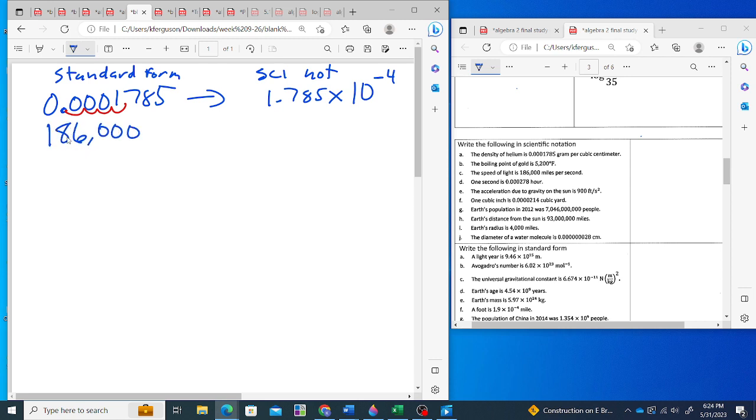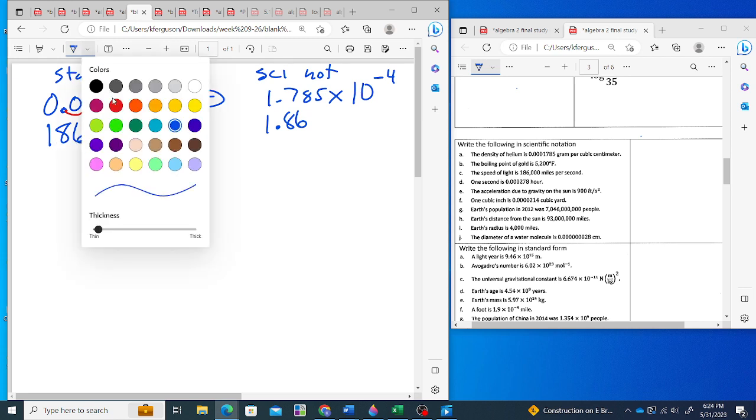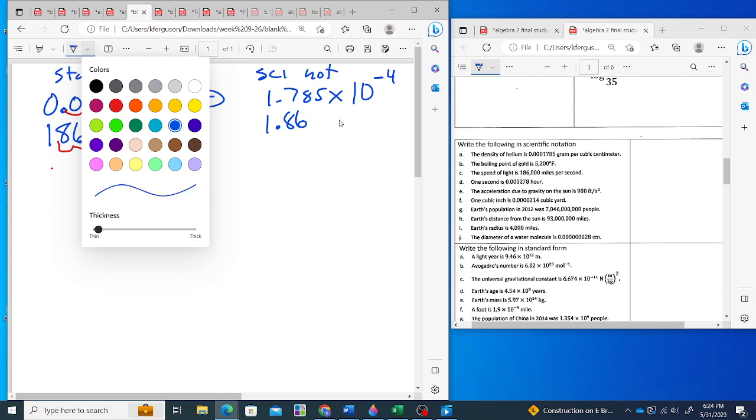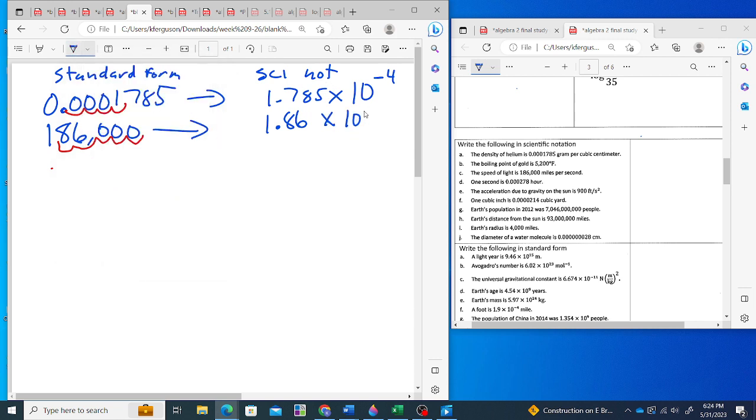Well, that number is bigger than 1, so I know that my exponent is going to be positive. So I look for my significant digits. That's 1.86. How many moves did I make to get the 1 in front of the decimal place? 1, 2, 3, 4, 5. So that means I'm going to have times 10 to the 5th power.